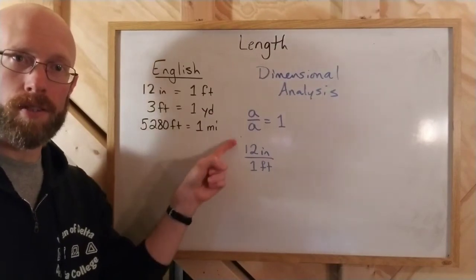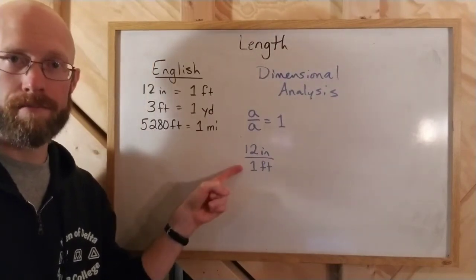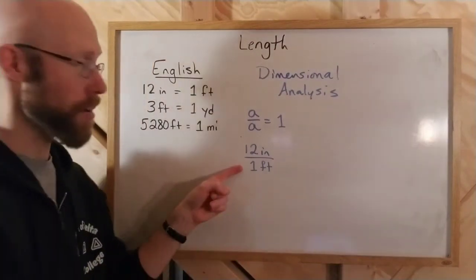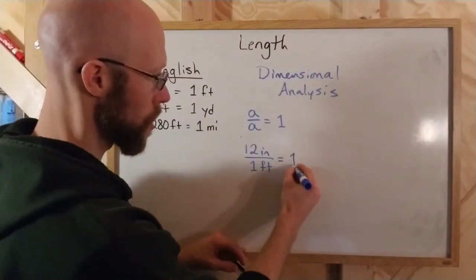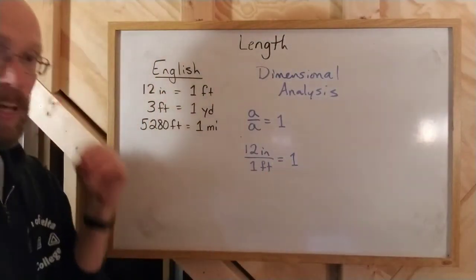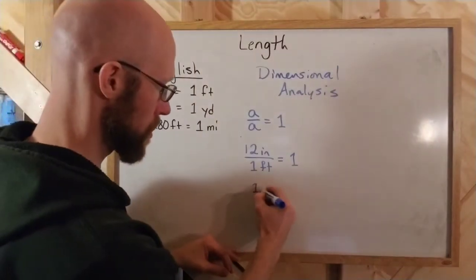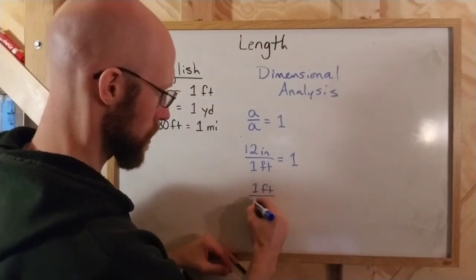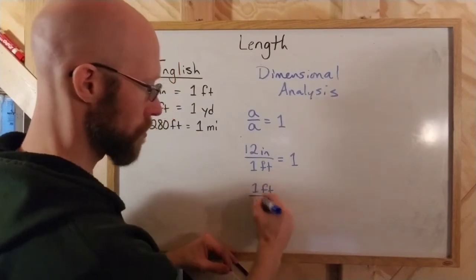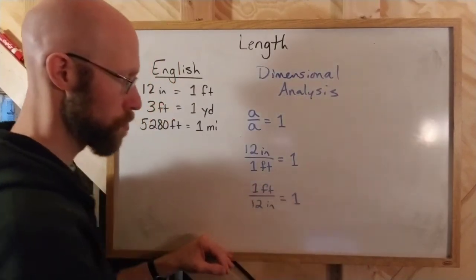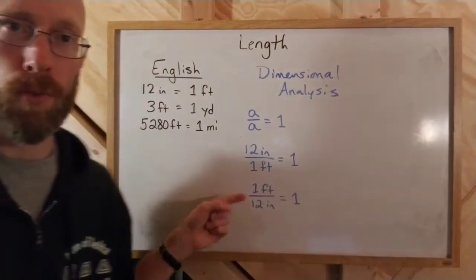They're equal to each other. So 12 inches divided by itself. It looks a little different, but it is itself. Well, that's got to be equal to 1 also, okay? And in addition to that, if you flip the fraction, 1 foot is equal to 12 inches. So 1 foot divided by 12 inches is 1 also. Anything divided by itself is 1.